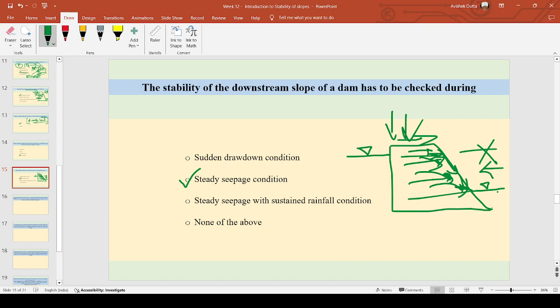But if the water rises faster over here due to prolonged rainfall, then there will be water on the right hand side to balance the forces of the seeping water from the left hand side. The condition might stabilize. But if there is no rainfall, if it is only steady seepage, the condition will be vulnerable for the downstream slope of a dam.